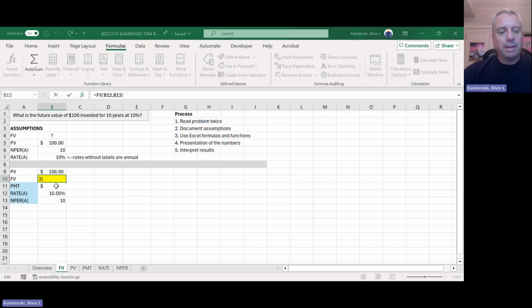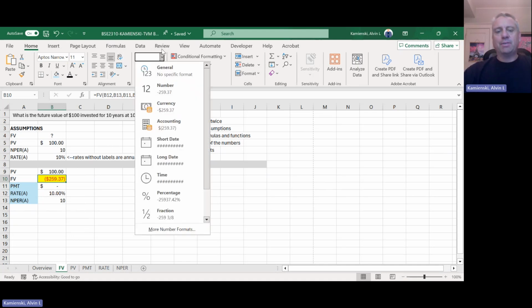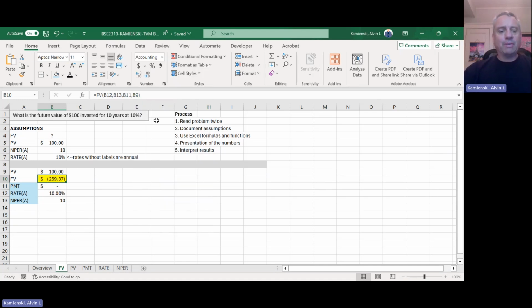When I have no payment, and when I have a present value of 100, and I don't need to worry about type, so I'm going to go ahead and click OK there, and then notice that it changed this into, off of the home page, currency, which is annoying. I had already set it up as accounting, so let's reset it up as accounting.